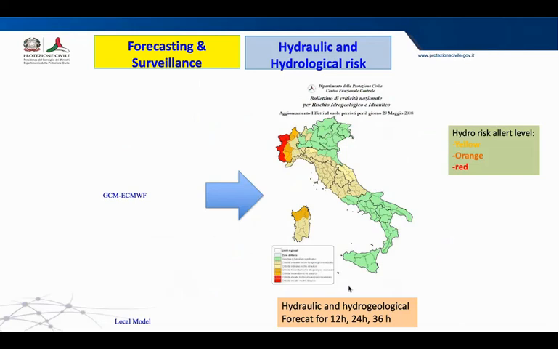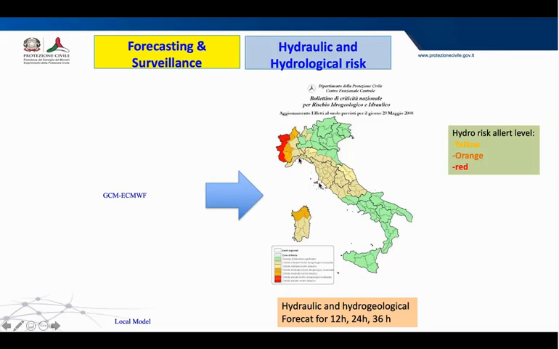What we do is publish a hydraulic and hydrological forecast bulletin on this risk for the next 12, 24, and 36 hours. As you can see, this is an example of this bulletin.